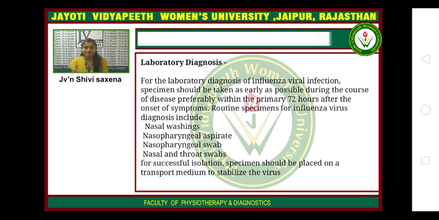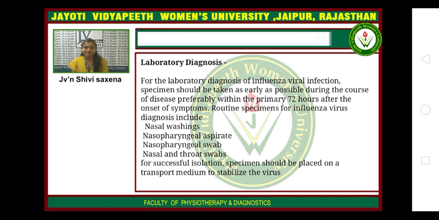Hemagglutination inhibition test HAI, the neutralization test NT, and the complement fixation test CFT are traditional methods in serodiagnosis and seroepidemiological studies of influenza, but in recent years, EIA has found wide application.